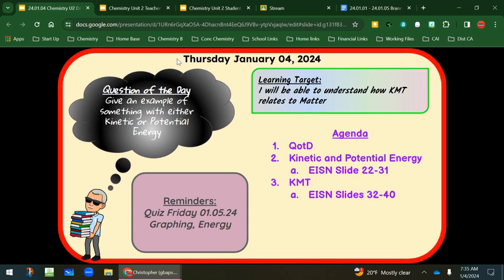Jay, give me another example of something with kinetic energy. Okay? How? Okay. That is actually an example of not kinetic, but of potential. And good, because that is another kind of potential energy. The examples that we gave you yesterday and the little activity that we did in class was all based on energy of position.